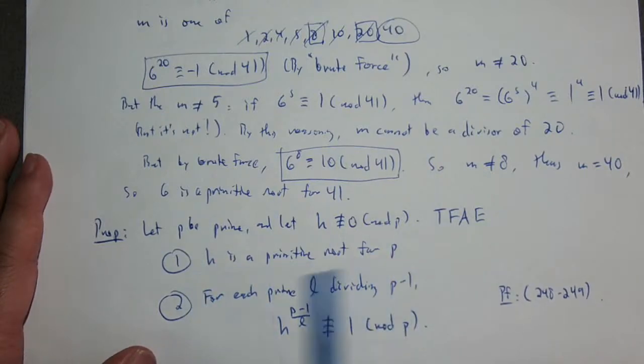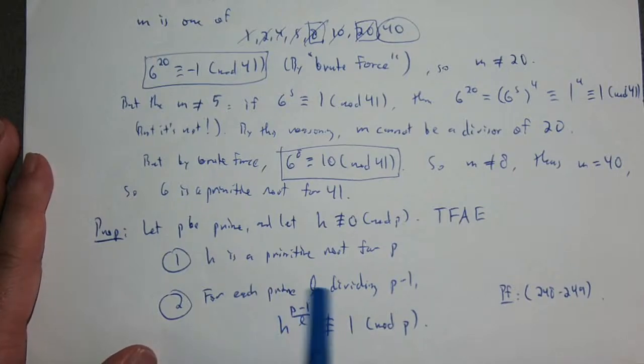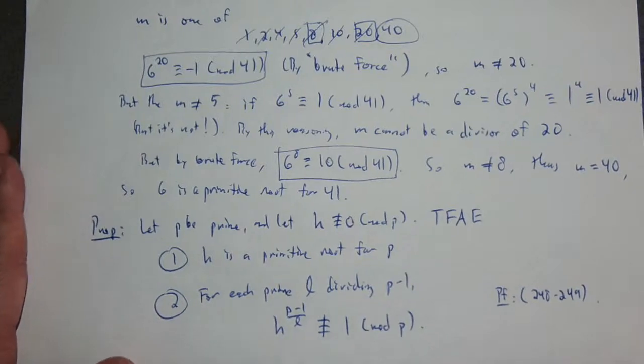That is the thing that we want, but the actual thing that we're going to use to check whether h is a primitive root for p is this next criterion, which is for each prime l dividing p minus 1, h to the (p minus 1) over l is not congruent to 1 mod p. Okay, so this is essentially what we did in this process up here.